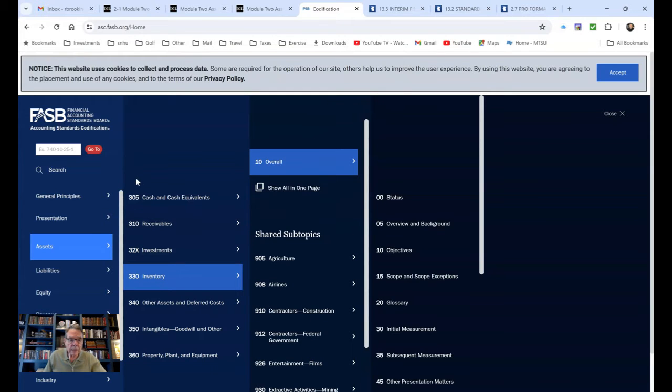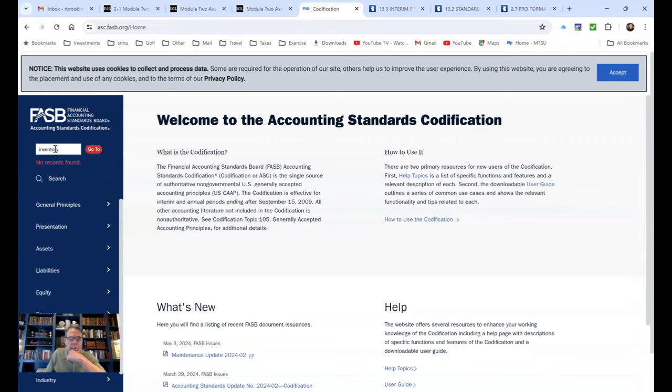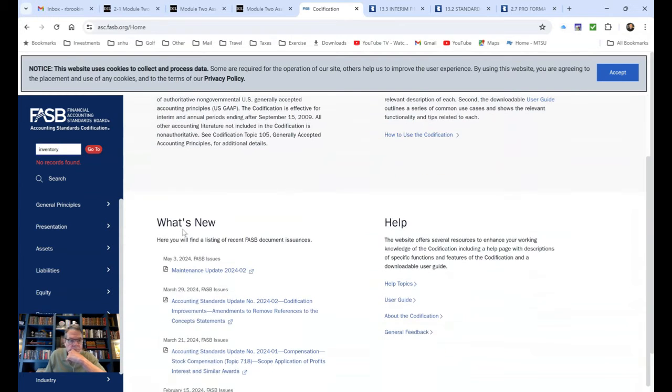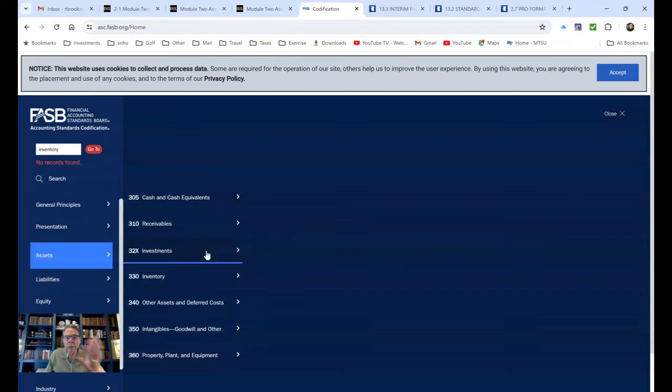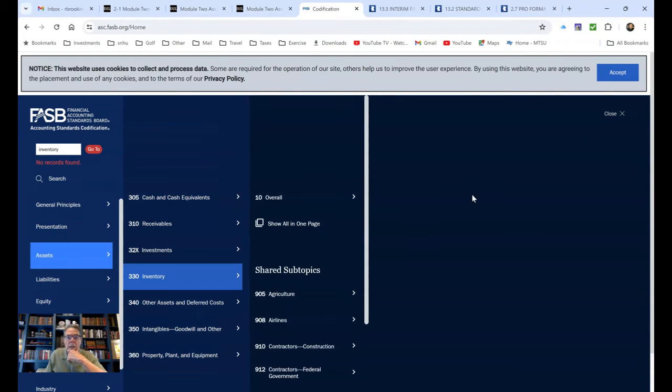So what we're really looking at is going to 330, section 10. And you can try typing this in, but I tried before. No records found. So again, you may just have to look at this and go, okay, well, I know inventory is an asset, so there it is. So that's the second part.